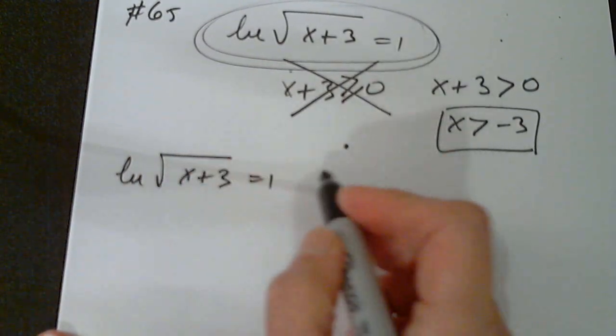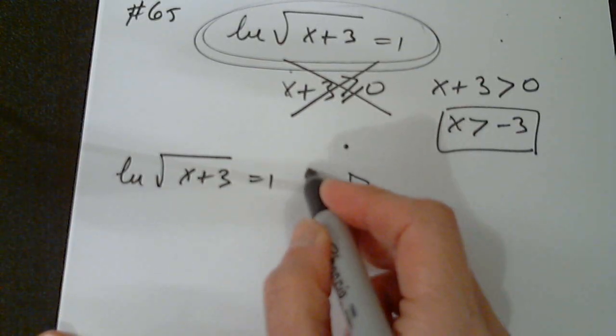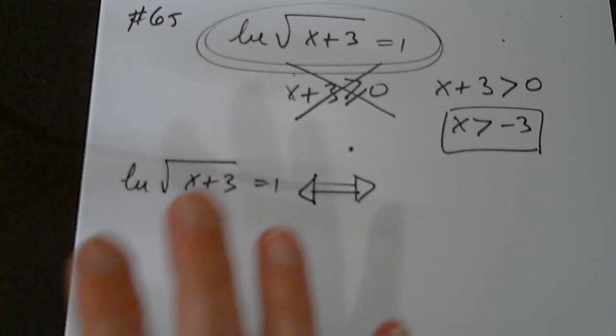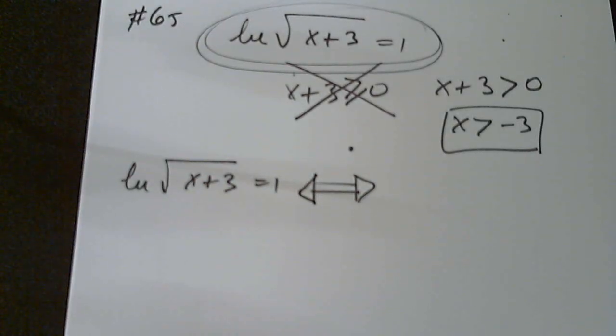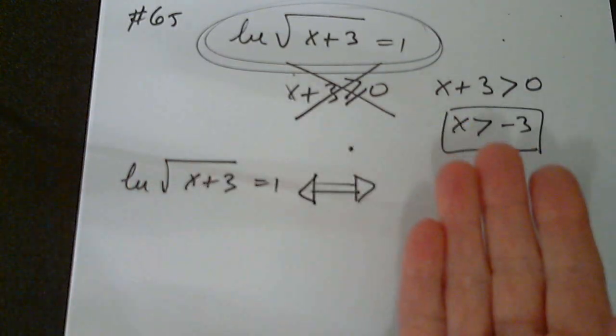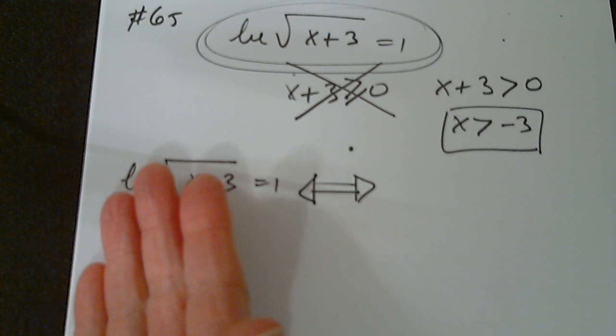Now remember, we said that any log equation can be converted into an exponential one. Can anyone tell us how to convert this into an exponential? That was a very, very important concept in this chapter. Being able to write or convert a log equation to an exponential and an exponential into a log.